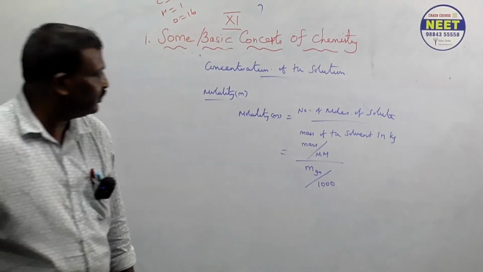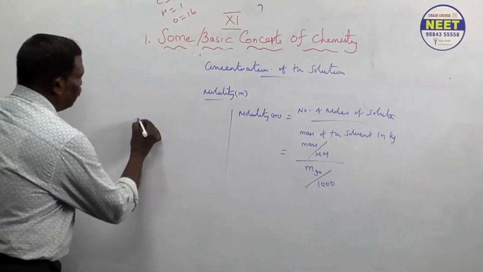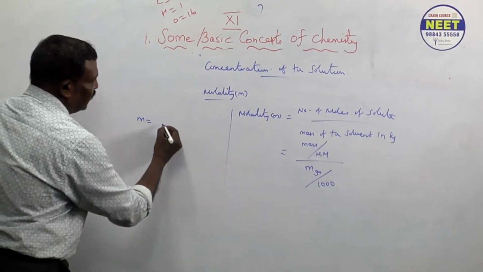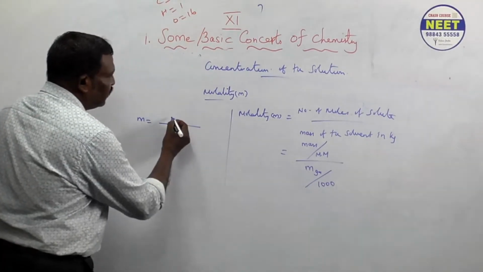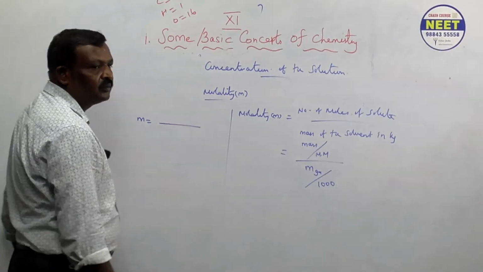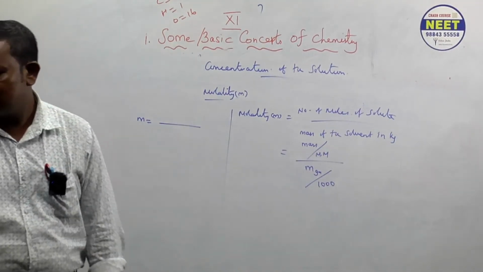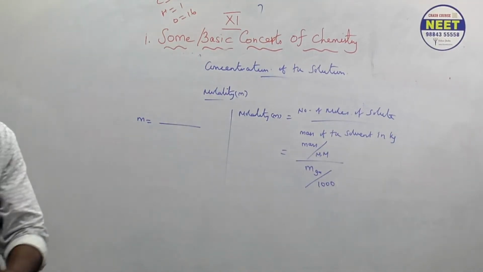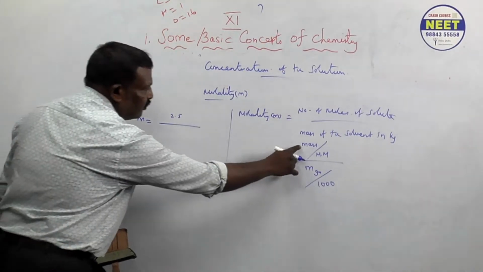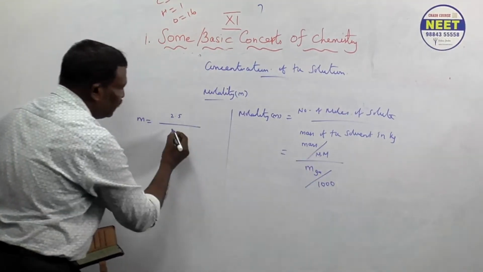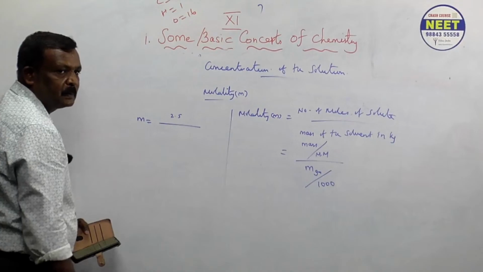Now tell me. Same. Molality is equal to, directly I put mass by molar mass. Mass is what? 2.5 gram. So 2.5 by molar mass.